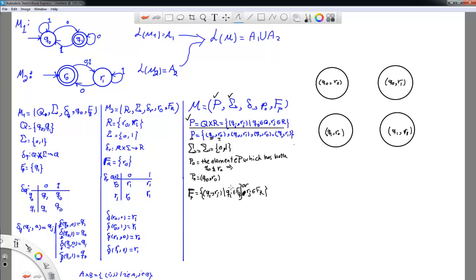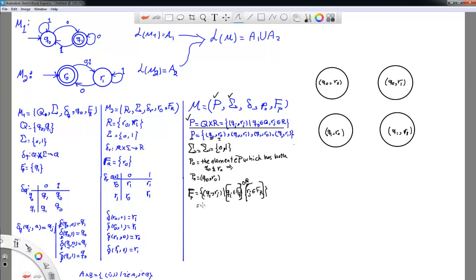So my accept states are the states that contain either one of the acceptances. If my state is a pair in which either one or both of the elements belong to the accept states of my original machines, then I accept. So this OR is very, very important.